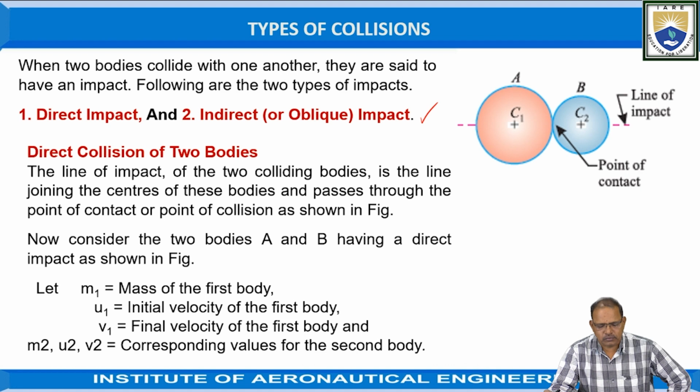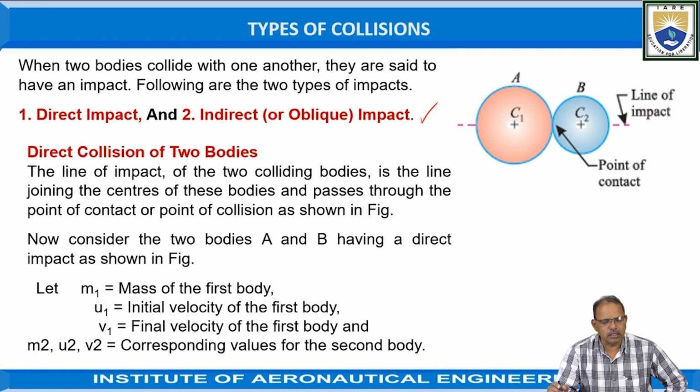Direct collision of two bodies. It is also called the line of impact. In this case, the line of impact between the two colliding bodies is the line joining the centers of these bodies, and it passes through the point of contact or point of collision, as shown in the figure.